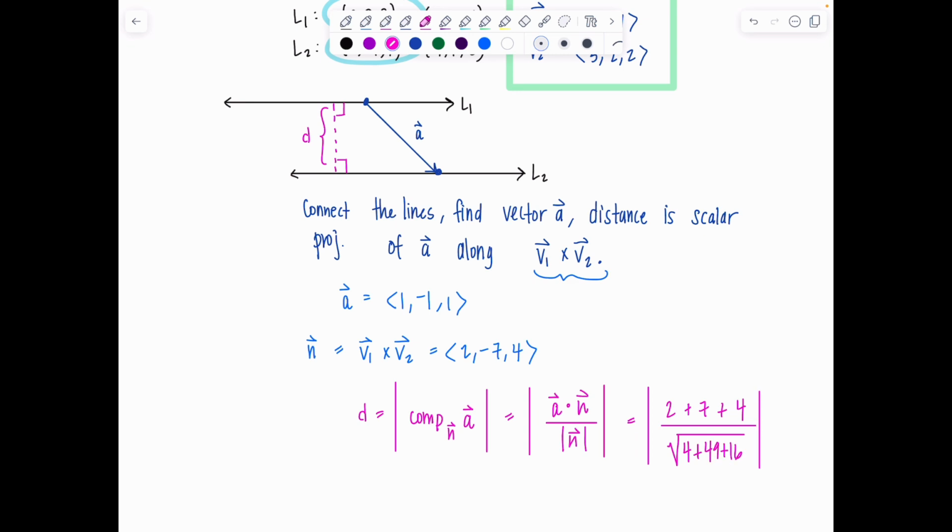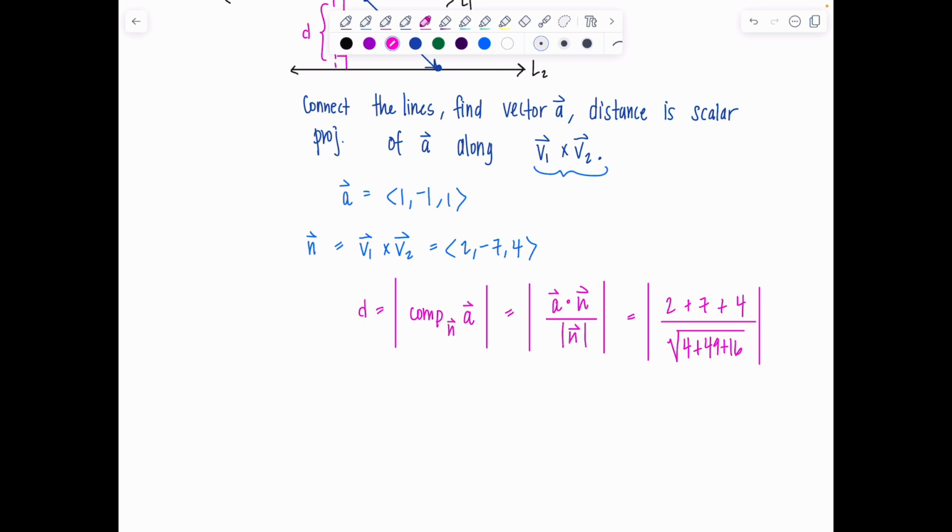Very good. So in the numerator, we've got 2 plus 7 plus 4, so that's 13, over the square root of 69. And there's our distance. So that concludes the video.